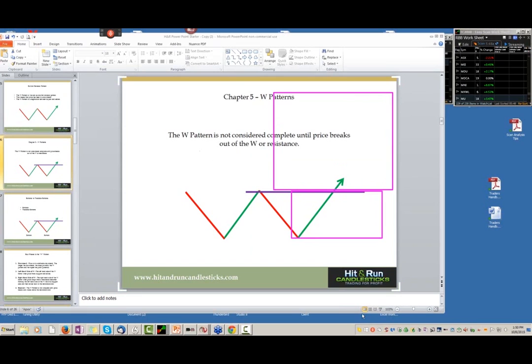Because when you think about it, if this was all coming from a big downtrend, and you know what? You might even have a gap in this area here. So now when you break out of this bottoming construction area, and that's what a W pattern is, it's construction. When you break out of that, this is where the bigger money is.